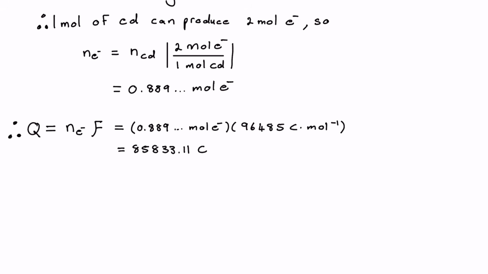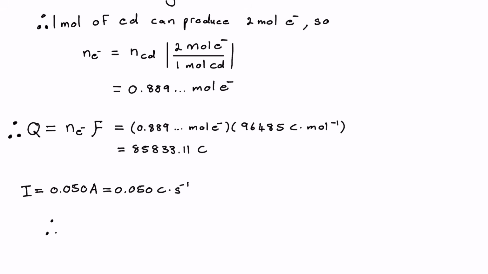So that's how much charge can possibly be transferred by 50 gram of cadmium. So now the final question is, for how long can a current of 0.05 ampere be drawn from this? An ampere is a certain amount of Coulomb per second, and we know what the total charge is.